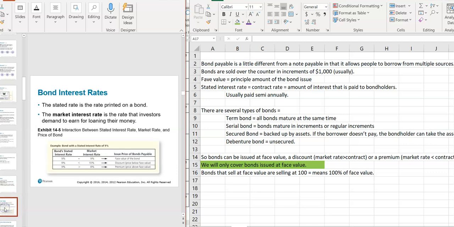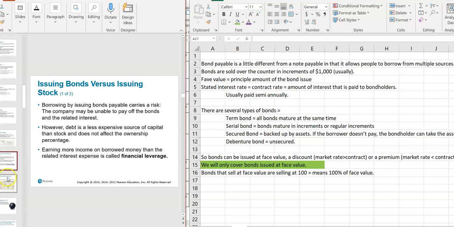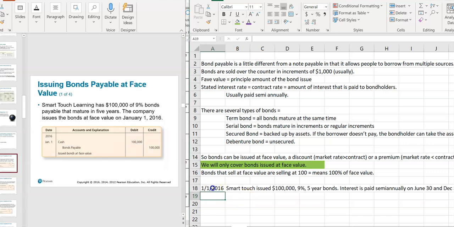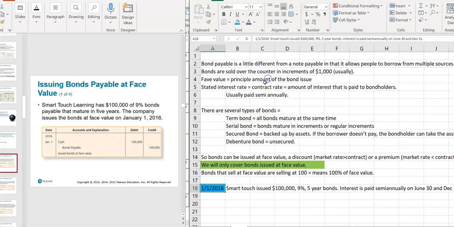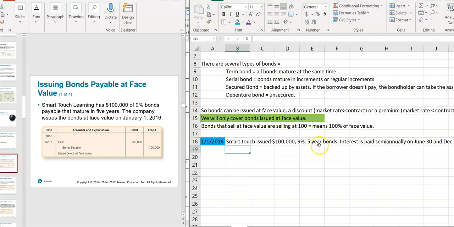All right, we're not gonna do all this type of stuff. We're gonna just do the basic journal entries. Okay, so here's our example. SmartTouch issued 100,000 of 9% 5-year bonds. Interest is paid semi-annually on June 30th and December 31st.